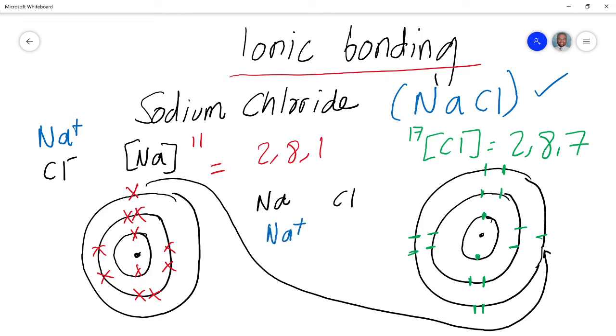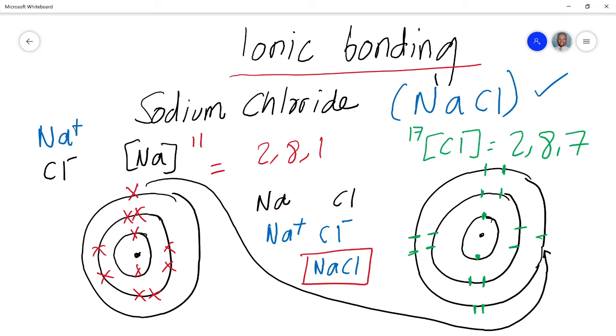If you look at chlorine, initially it was Cl, it gains an electron and therefore becomes Cl-, and therefore the final formula of sodium chloride becomes NaCl. So we've shown ionic bonding to explain how sodium and chlorine bond and what the final formula is, which is NaCl, using the last shell in this case. So that's how you can show sodium chloride.